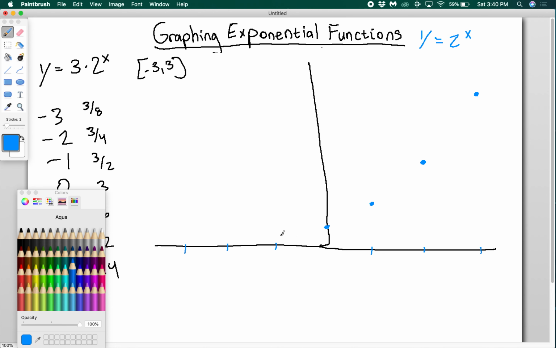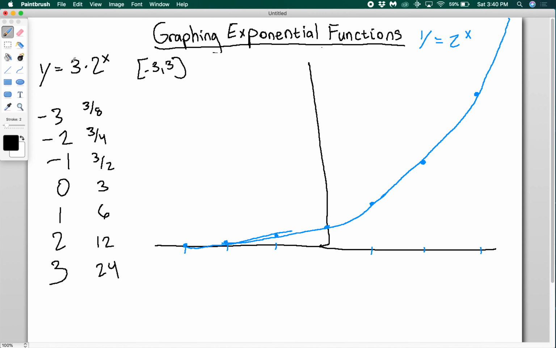And then we're going to have down here. Okay. So this is the curve of y equals 2 to the x, which grows like this.